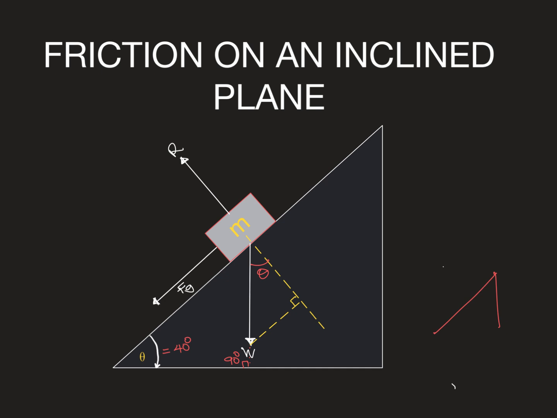So what will be this angle here? If this is 40 degrees and you have 90 degrees here, we have to subtract that from 180, right? Because sum of angles in a triangle is 180. So that will be 180 minus 130, and you're going to have 50 degrees. So this angle here is 50 degrees.